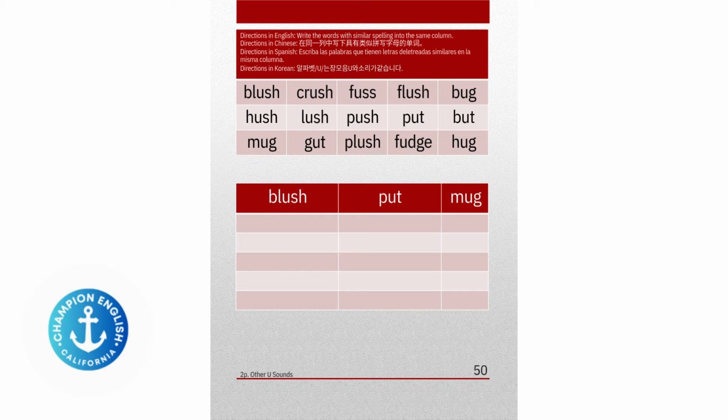Beep. Students, time is up. So let's go to the next page and let's check our work and let's see how did you do. Ready? And let's go.